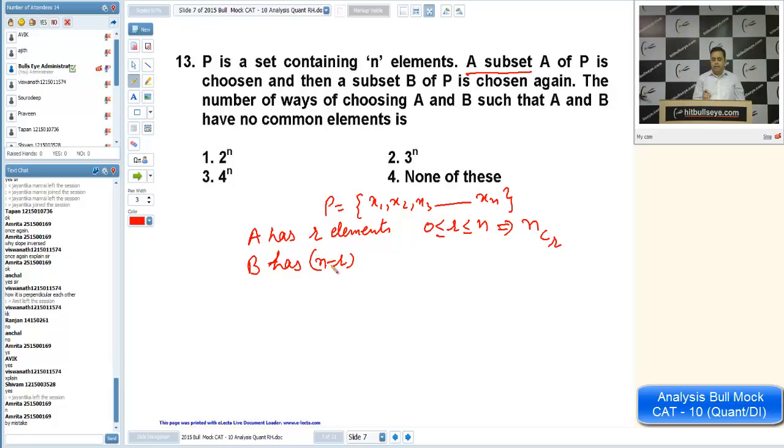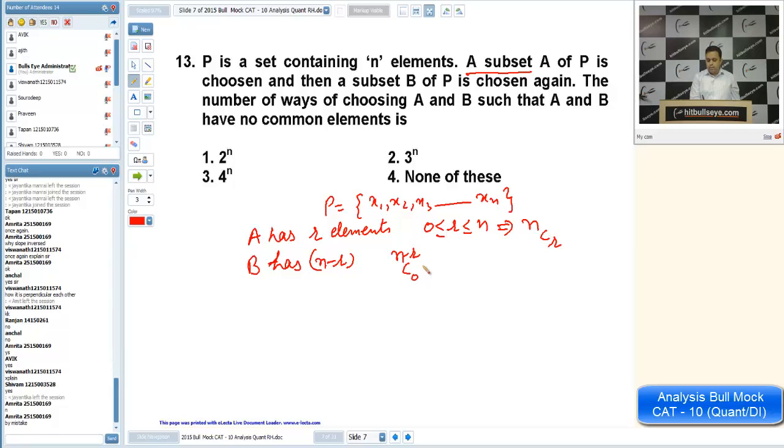Now, the set B can have any number of elements. It can have 0 elements, or 1, or 2, or 3, or 4, or any number of elements out of these n minus R elements. So if B has 0 elements, then the number of ways of selection of B is (n minus R)C0, since we are left with only n minus R elements.